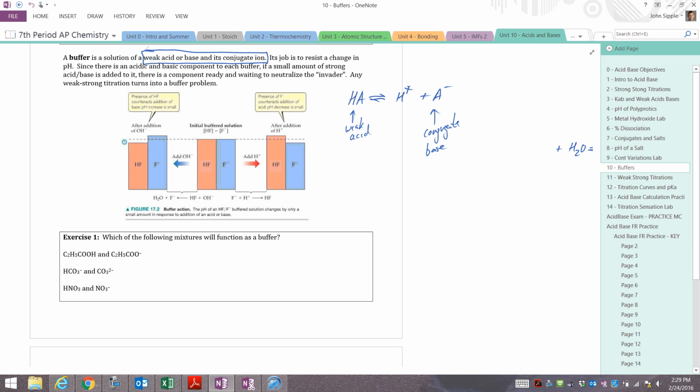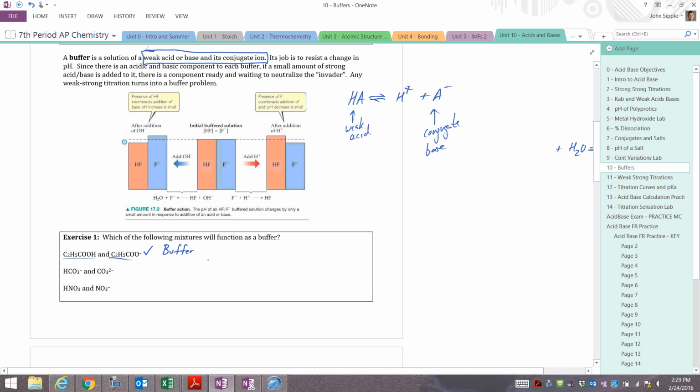So if we look at these mixtures here in the first question, let's identify if we have some buffers. Well, we've got a weak acid here, and its conjugate, right? So check mark that as a buffer. Both of those are in there, that's a buffer.